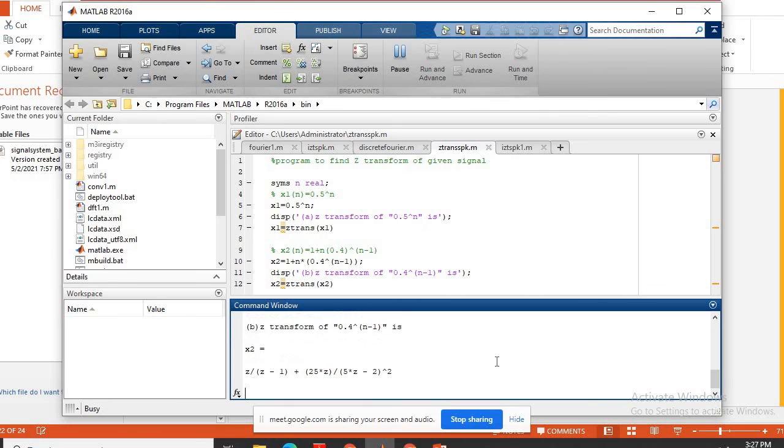So this is the answer. You can see here, I executed it 2-3 times, so that many times it is showing you.